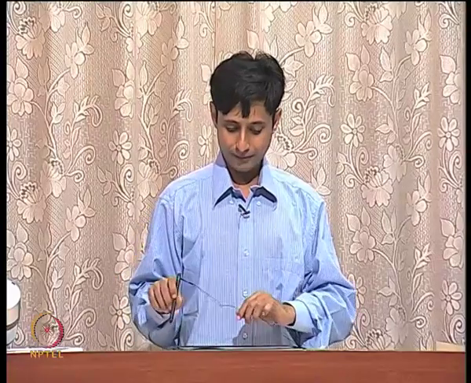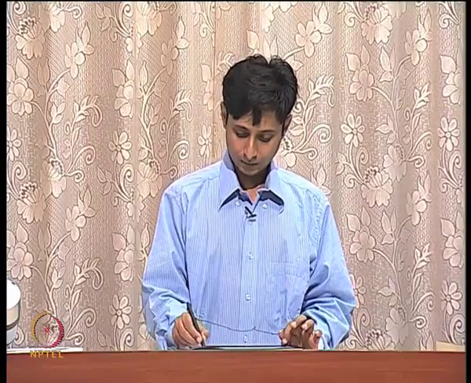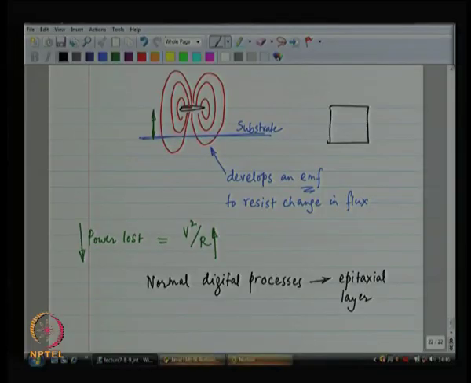People dig trenches inside the substrate and separate the substrate into a lot of different pieces. So, instead of having one huge conducting plane, so if I draw the top view of the substrate, so instead of having one huge conducting plane under the inductor, they dig trenches and isolate portions.